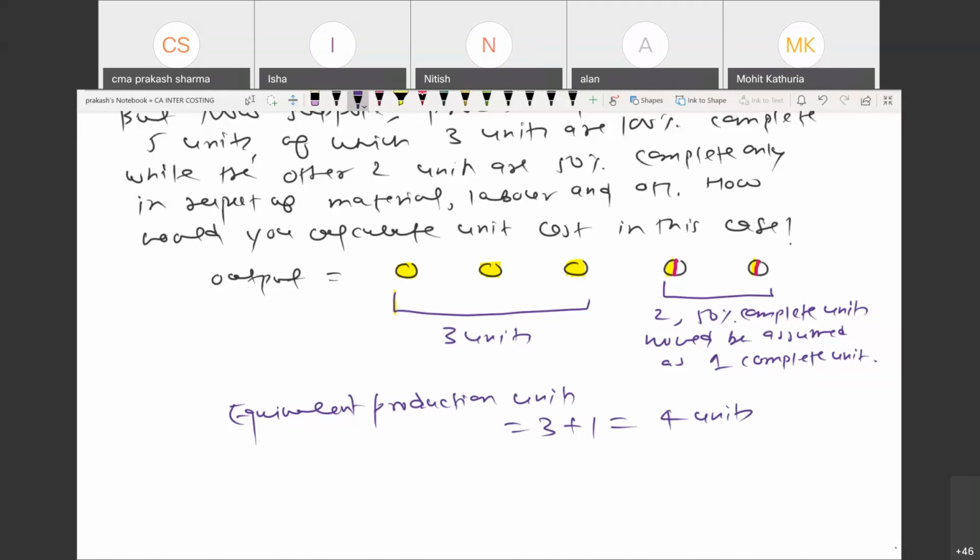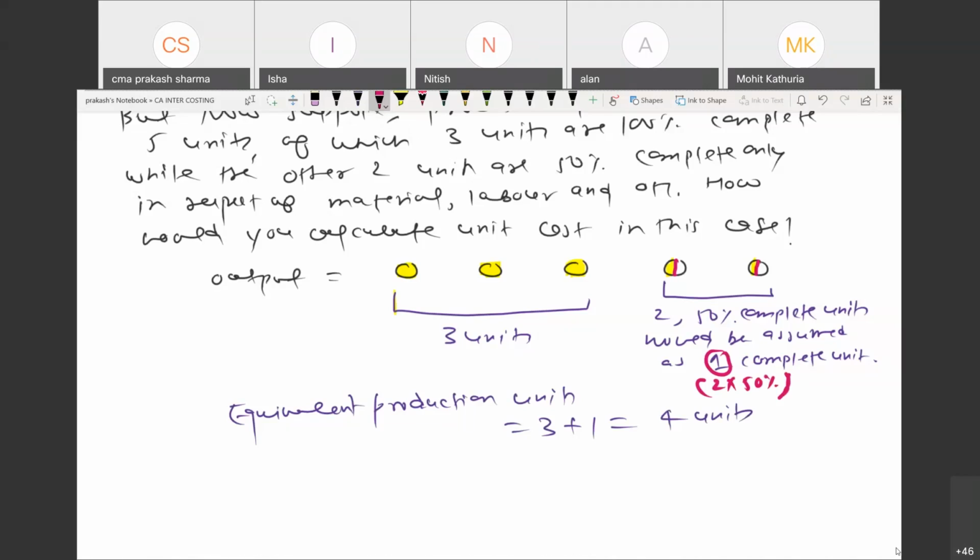Gurmanpreet is saying, say if it is 30%, then what we would do? Simple, sir. How would I have obtained this figure of 1? It is actually 2 into 50%, Gurmeet. So it is completed as 1 complete unit. If degree of completion is 30%, so I would say 2 into 30%. So 2 into 30% will become 0.6 units.